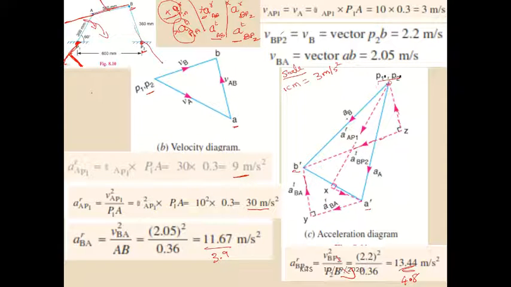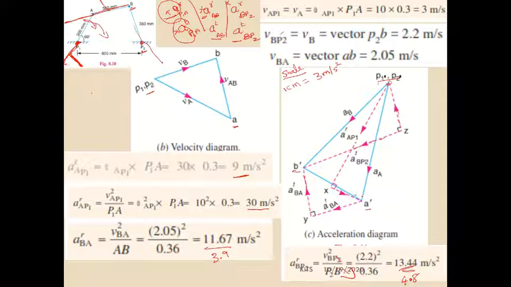These lines you have to draw in bold, continuous lines. Remaining radial and tangential lines, you have to draw in dotted lines. Don't draw everything in a continuous line. If you draw everything in continuous line, your diagram will look like a mess. Radial and tangential lines should be dotted, and connect P1, B, A with the continuous line.